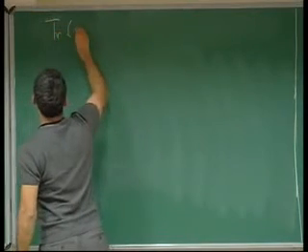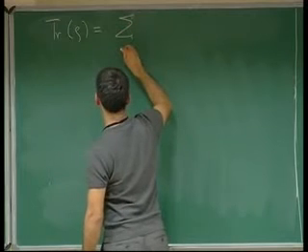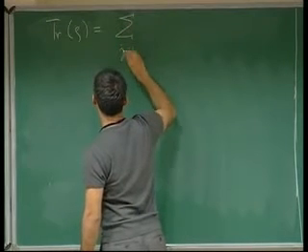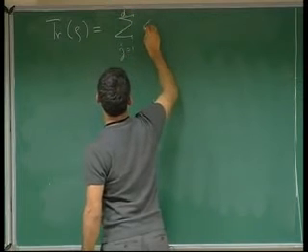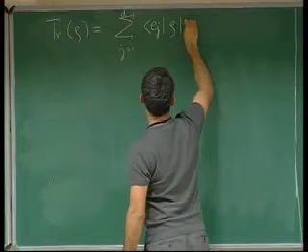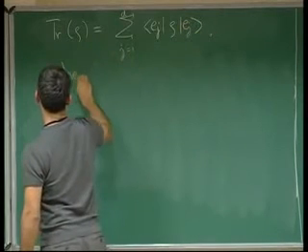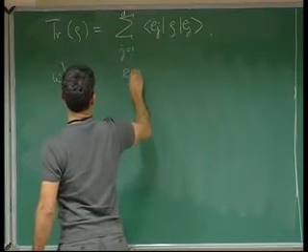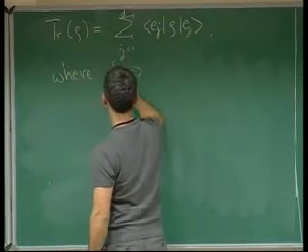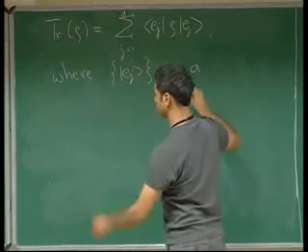The trace of rho is a sum over j going from 1 to d, e sub j rho e sub j, where e sub j is any orthonormal basis for the underlying space H.